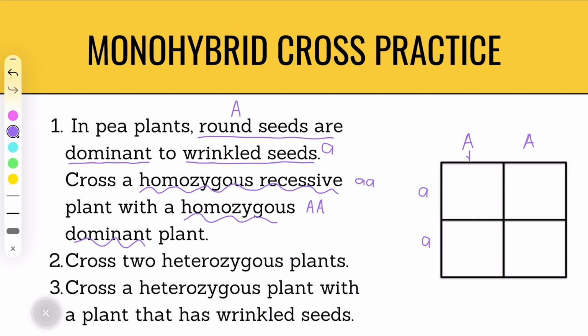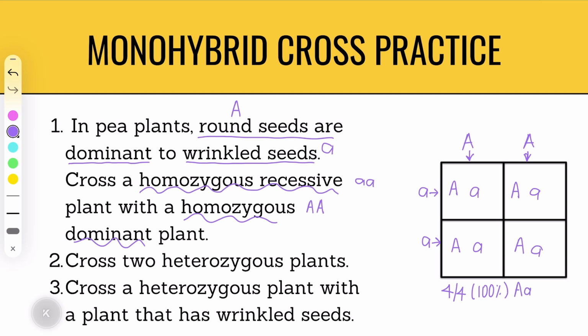So you're just going to drag and drop. So you're going to take these and go down and fill out the squares. And then you're going to take these and move these over. So this means that 4 out of 4, or 100% of all of the offspring are going to be big A, little a.